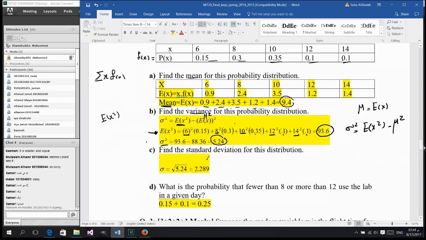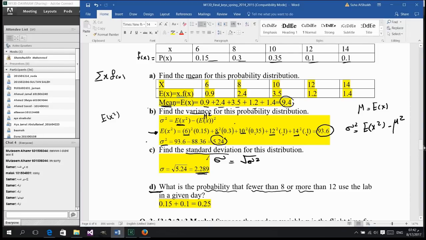Find the standard deviation. Now the standard deviation is sigma, so it's nothing but the square root of sigma square. Sigma square we found in B, so just the square root of 5.24. This gives me the sigma. Now the question in D, pay attention to D. What's the probability that fewer than 8 or more than 12 use the lab in a given day?